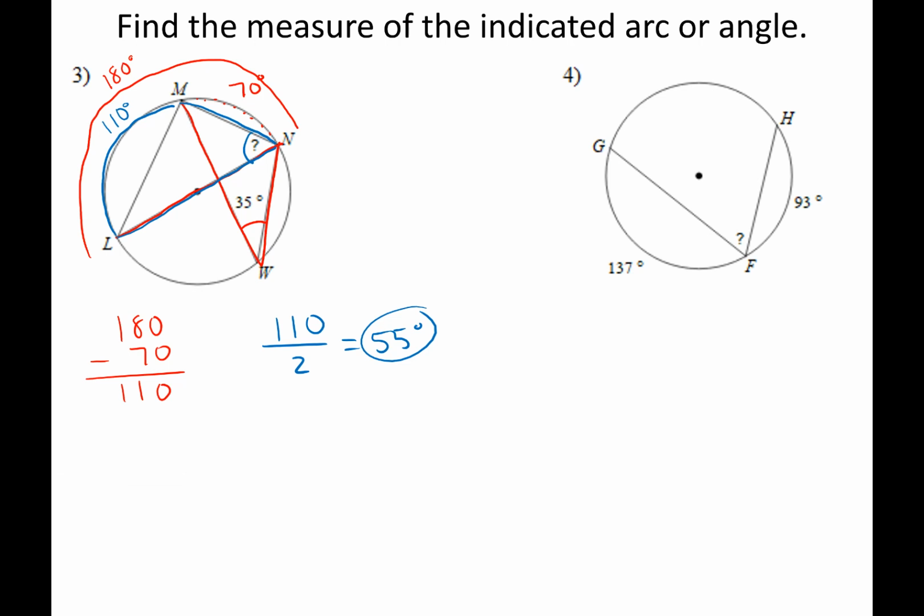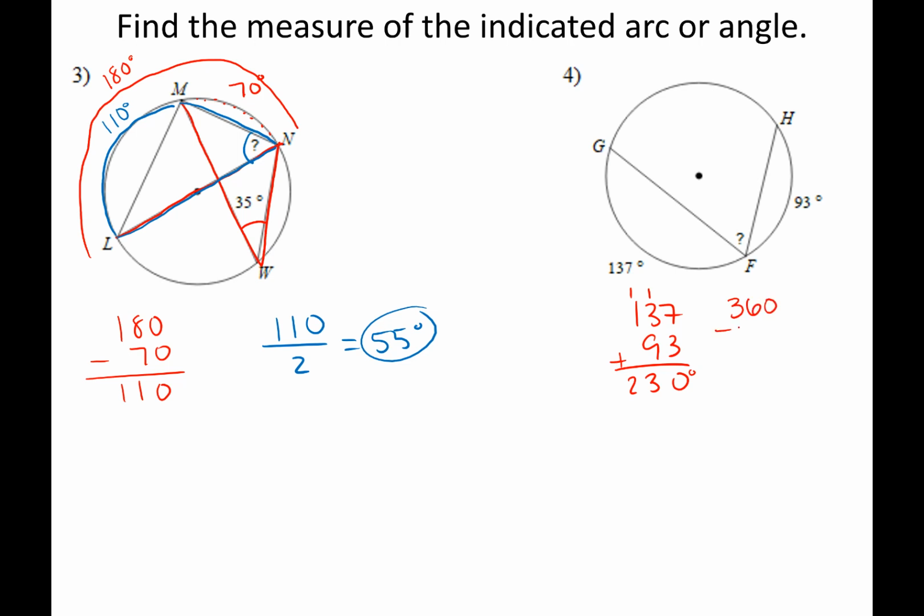Over here, this one is a little bit different, same concept, the angle is half the arc, but if I look at what I'm given here, I have almost all the degrees for the arcs in this one. So if I take the 2 arcs that I'm given and I quickly add them together, I get 230 degrees. And I know all the arcs in a circle add up to 360.